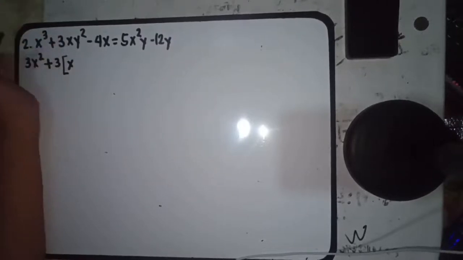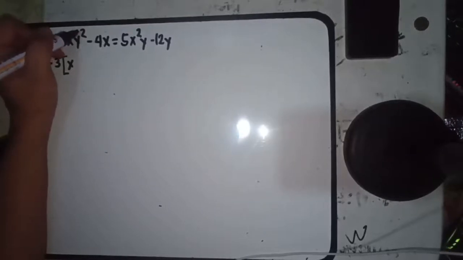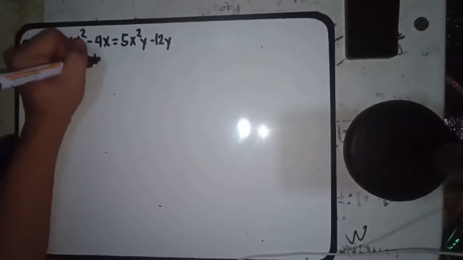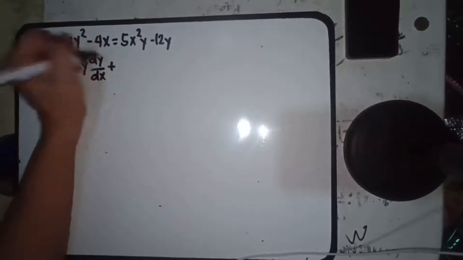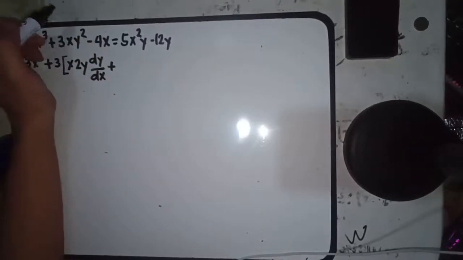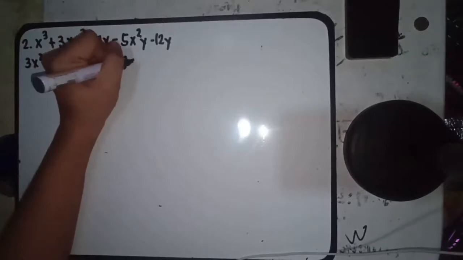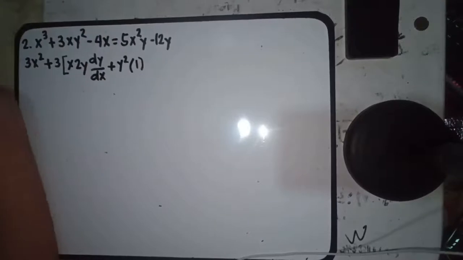So, we have x times the derivative of our V, which is y squared. So, we have 2y. And then, y term man siya. So, we have dy over dx. Plus, VDU. So, V is y squared multiplied by the derivative of x, which is 1.